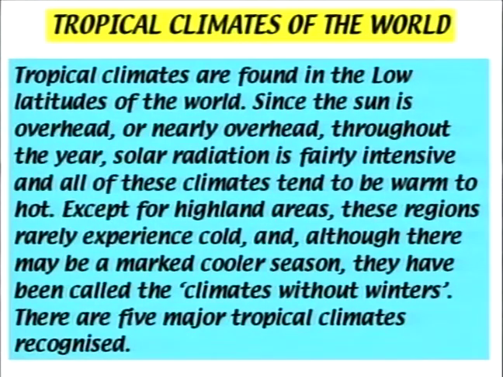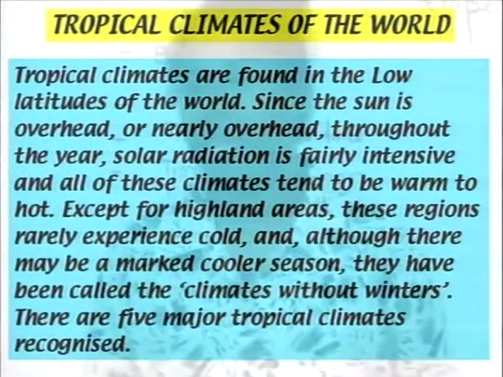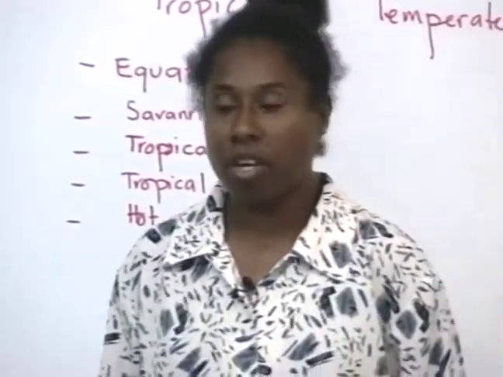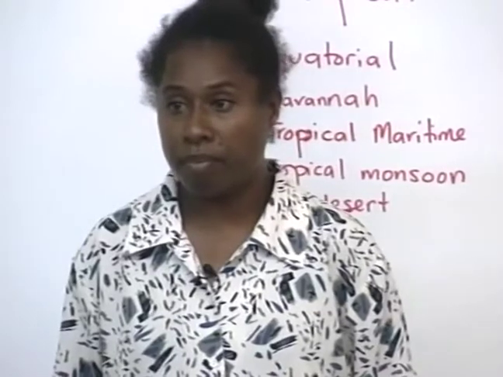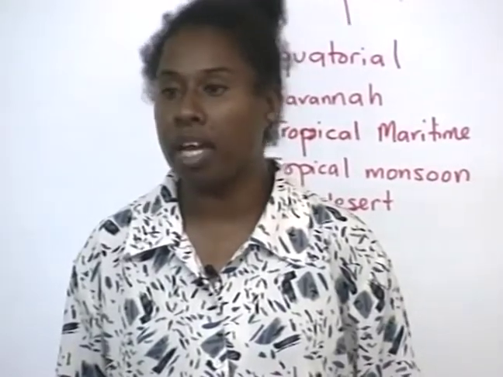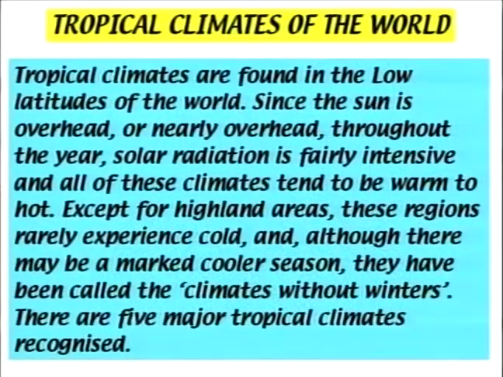As we go towards the north and the south pole, we will end up at 90 degrees north and 90 degrees south. So the lower latitudes are those areas which are closer to the equator. If we are looking at the tropical areas, then the tropical areas will be 23.5 degrees north to 23.5 degrees south. Those are all the areas within the tropical region.